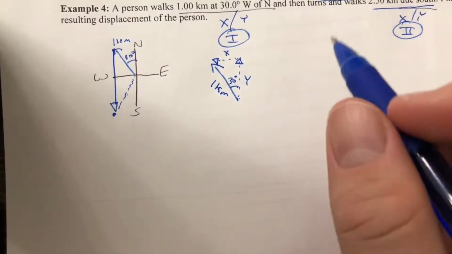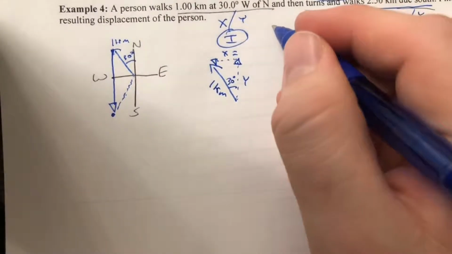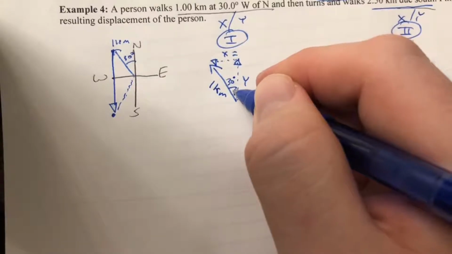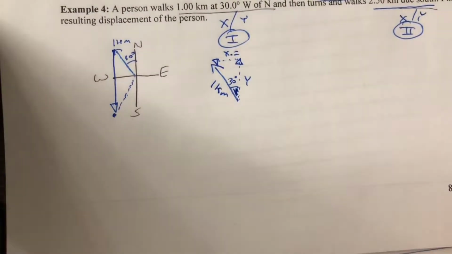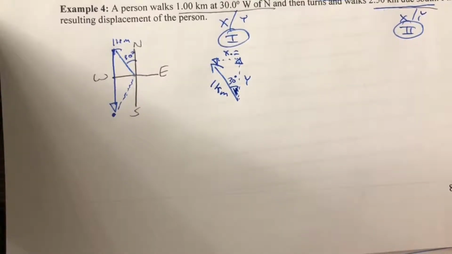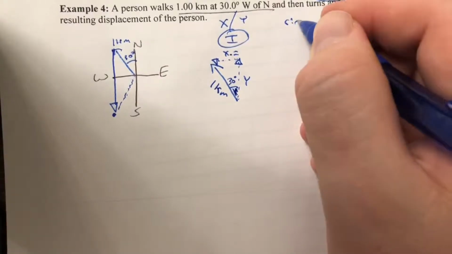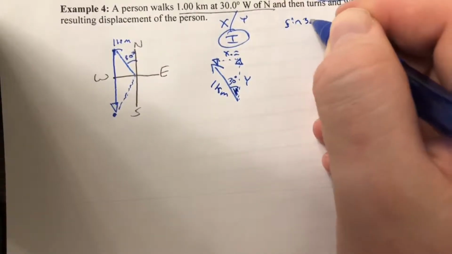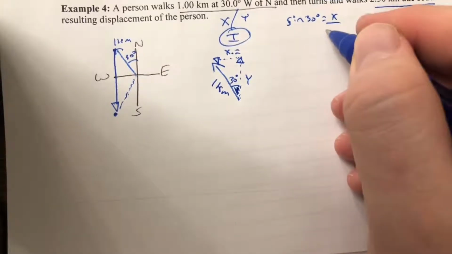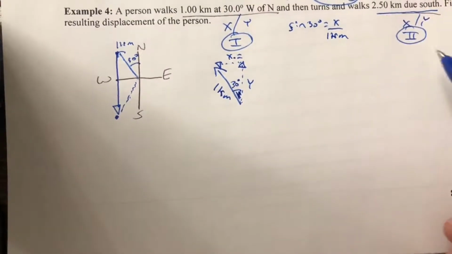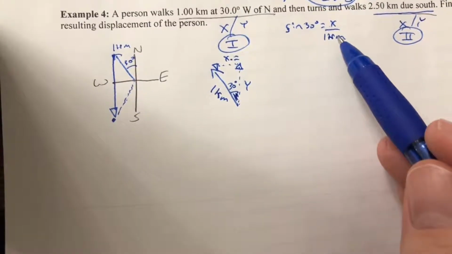So for my X, if this is the angle I start with, this is the opposite side, this is the hypotenuse, opposite and hypotenuse is sine. So it's the sine of 30 degrees is equal to X over 1 kilometer. To get X by itself, I'm just multiplying sine of 30 times 1.